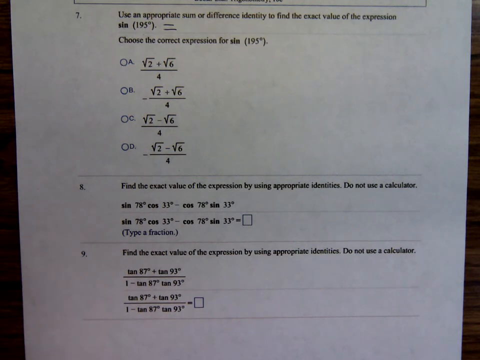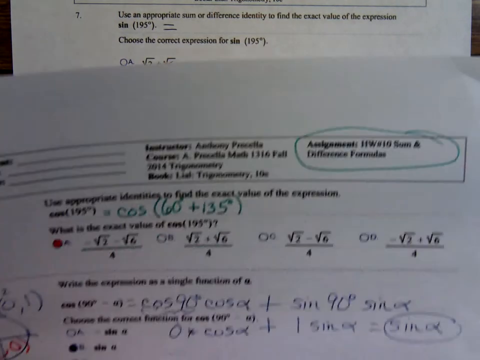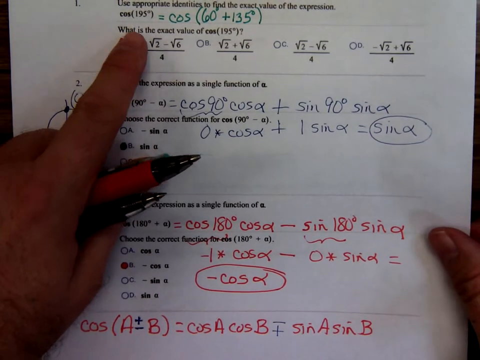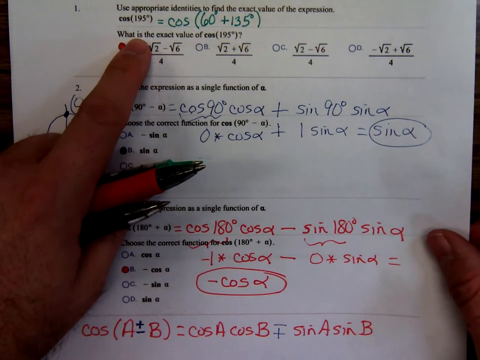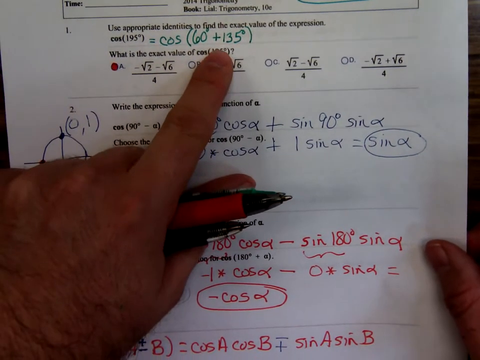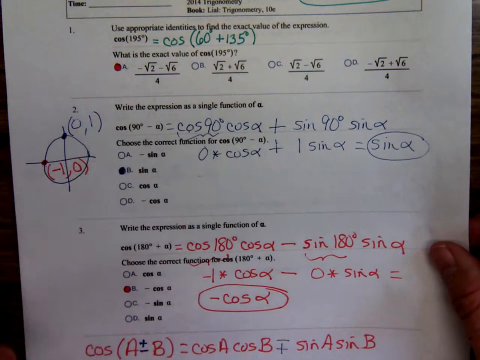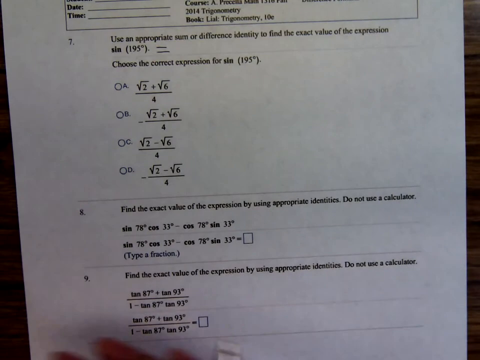You couldn't say 200 degrees minus 5 degrees, because those are not on the unit circle. We've already done one where we had cosine 195 degrees, and I chose to write it as 60 degrees plus 135, but that's sure not the only two angles you could use to get 195 degrees.